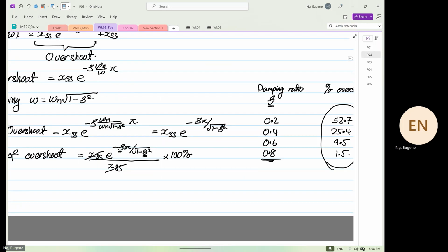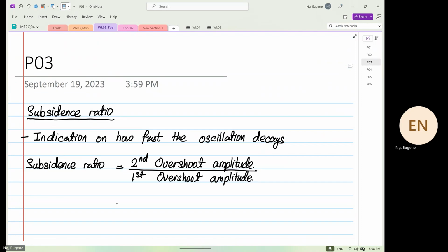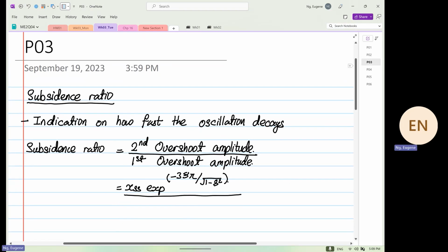On that note, when we write out the formula, this will be equal to x_ss times the exponential function of minus 3 zeta pi divided by square root of 1 minus zeta squared, and then we divide. So that's the second overshoot, and this is our first overshoot.